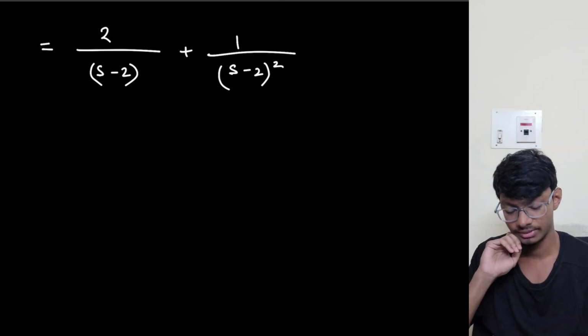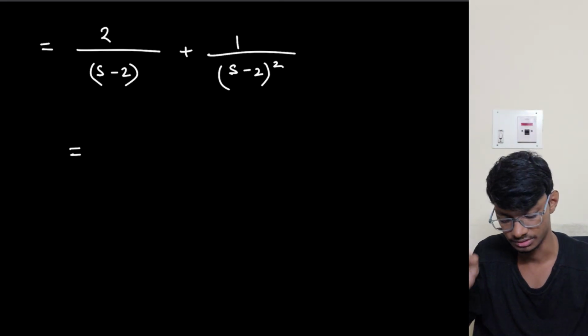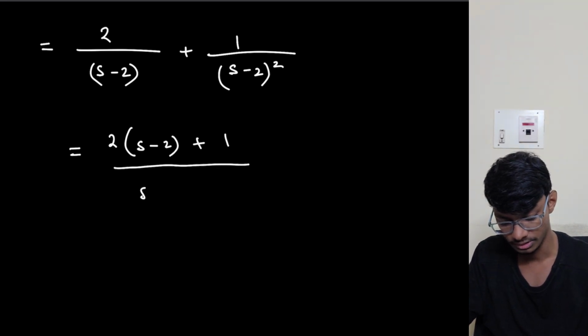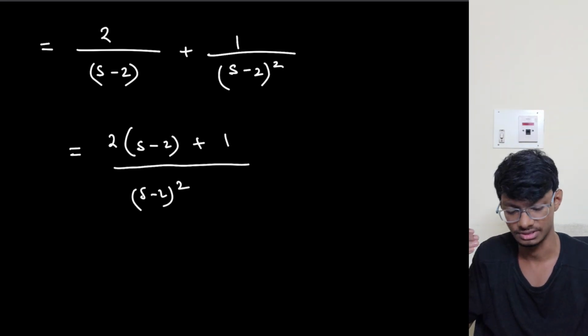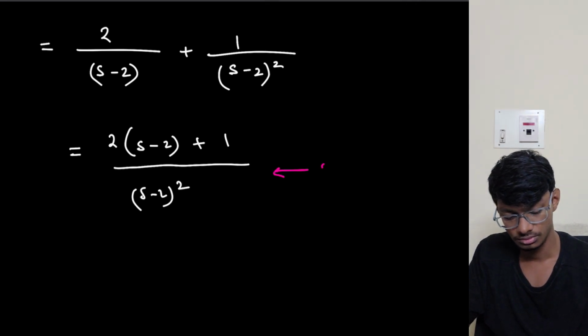So yes, this is basically my transfer function. If you simplify this, you will see that there isn't any pole zero cancellation, but still let's do it. So this will be 2 minus s by 2 plus 1 divided by s minus 2. There isn't any s minus 2 cancellation, right? So no pole zero cancellation.